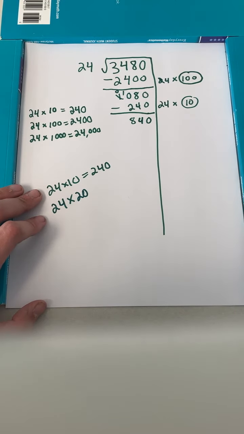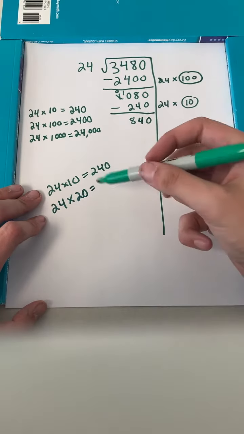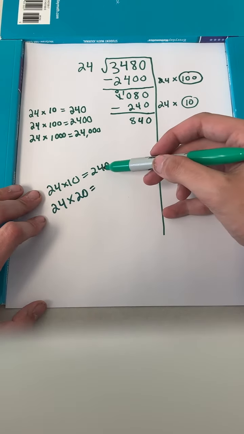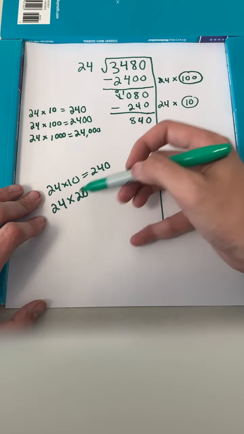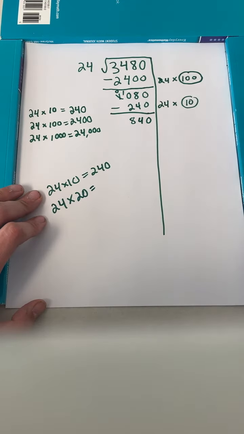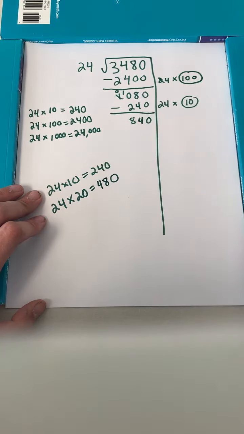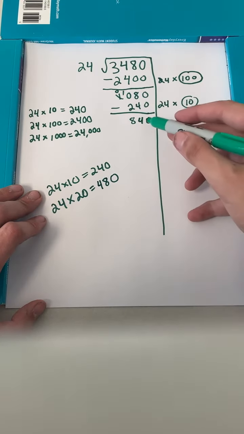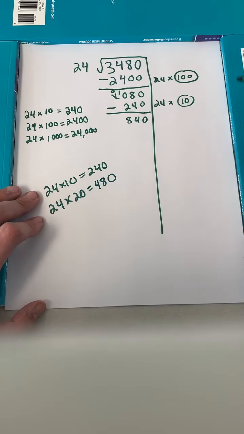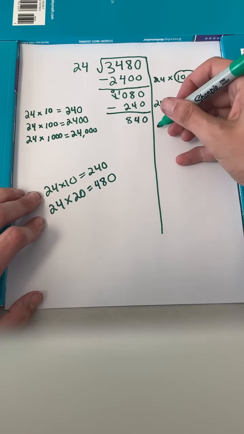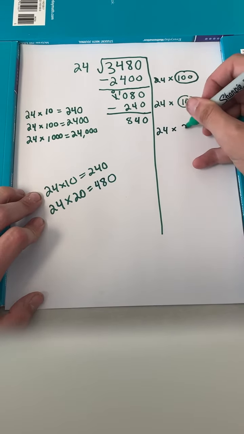Now, I'm not asking you to do that in your head, but you can simply think about what you already solved. I know that 24 times 10 is 240, so if I double that equation, I'm also going to double the answer. So in my head, if I double this, I know that I would get 480. Now, 480 is a better option. It takes away a bigger chunk. So over here, I'm going to write 24 times 20.